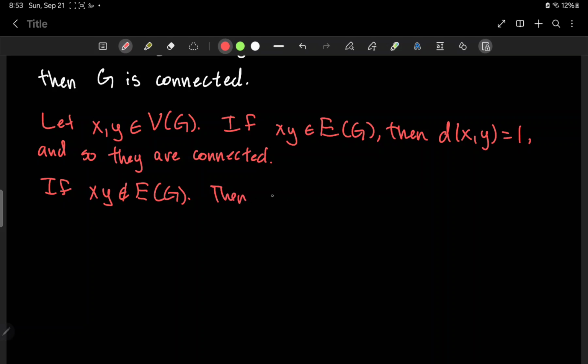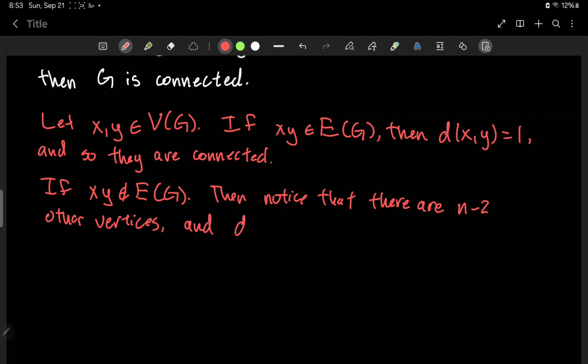Then notice that there are n minus 2 other vertices, and the degree of x plus the degree of y is at least n minus 1.